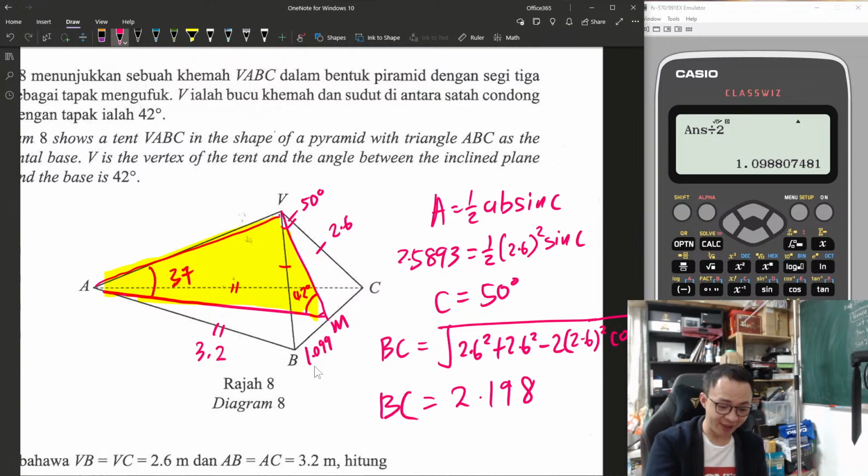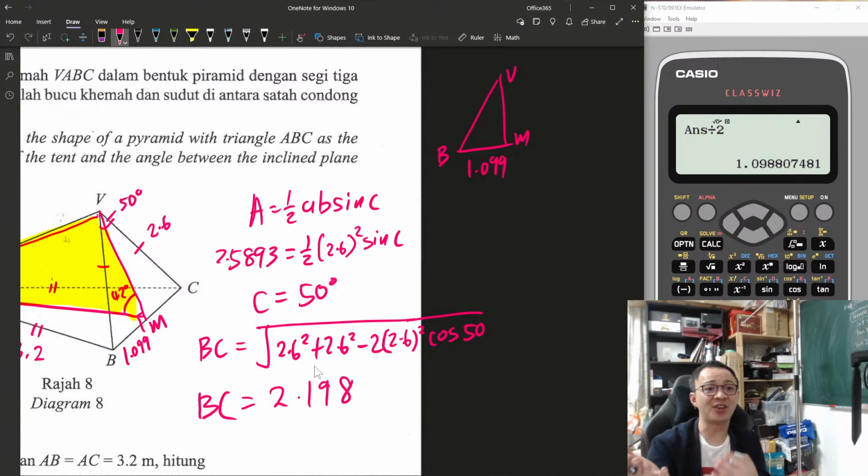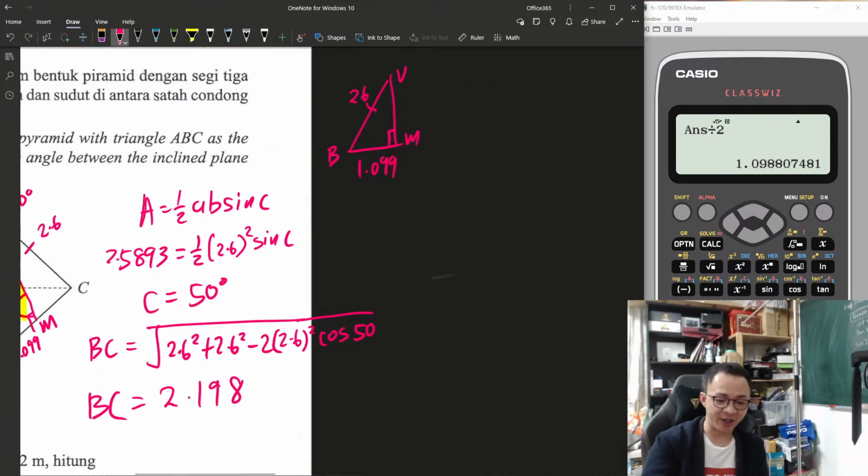Here is 90 degrees, isn't it? So I have a right angle triangle to help me find VM. This is V, this is M, this is B. This is 1.099, which I can do because it's an isosceles triangle. And here this one will be 2.6. I can use Pythagoras to find VM.